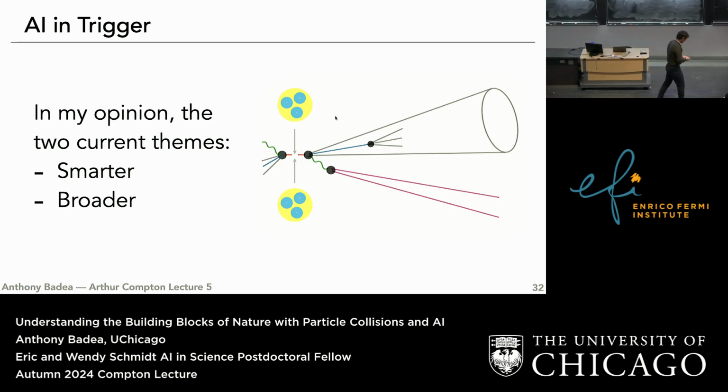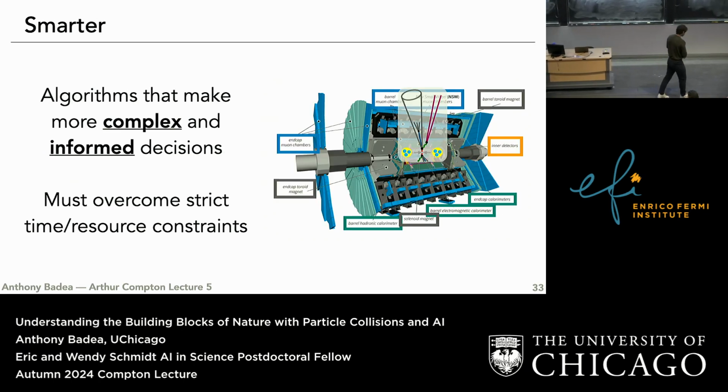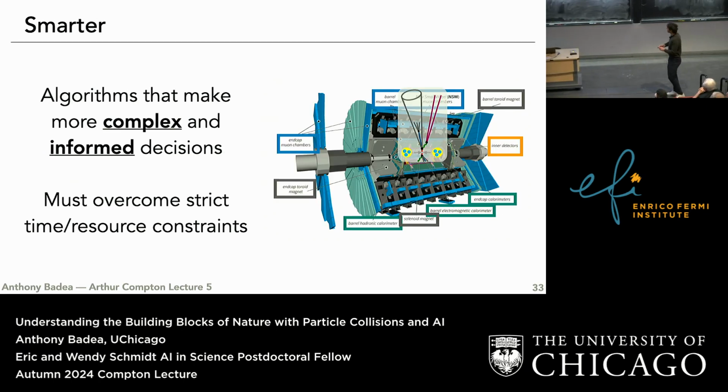So smarter and broader. To say again, what we mean by smarter is that the algorithms that we're designing now are able to make more complex and more informed decisions. So that's to say that when you throw in these two particles and things come out, you have tons and tons of measurements along the way.